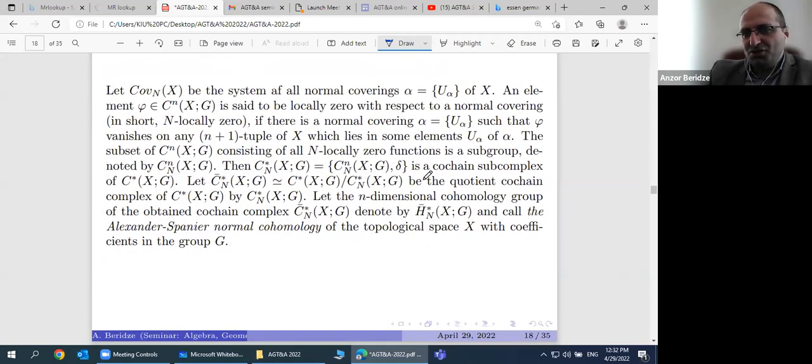Now, I mentioned that somehow we construct Alexander-Spanier normal cohomology theory. And everything is standard. Here is nothing new, except that we have considered the normal coverings. Not all open coverings, but normal coverings.